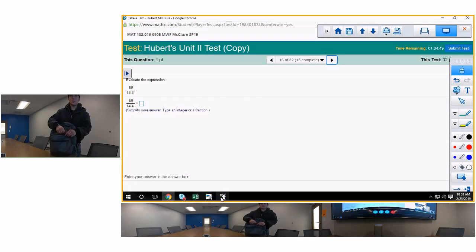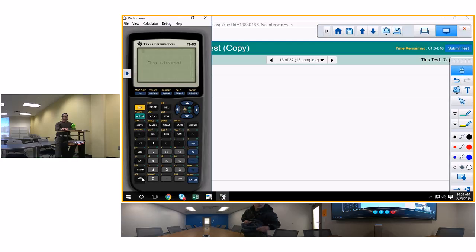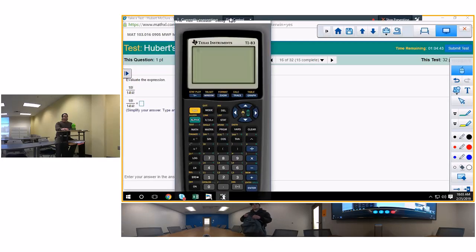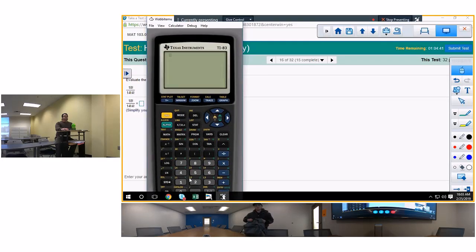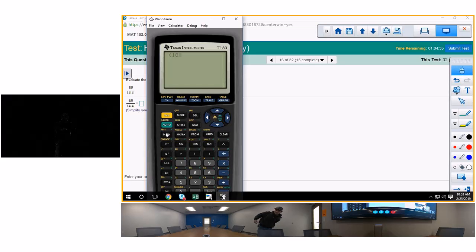Pull the calculator in. Got to use your parentheses here, because if you don't, the calculator's going to get it wrong. So parentheses, 18 factorial, math, probability, and factorial. Enter.